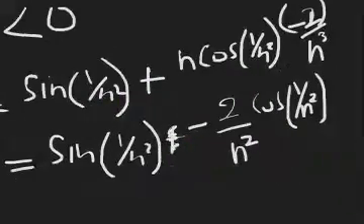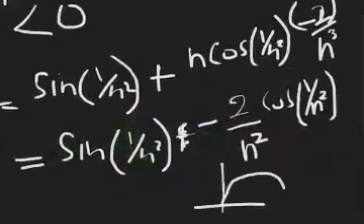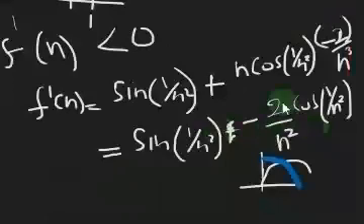Here the sine function is something like this, and the cos function is something like this. You can show that this is negative if you look at the graph.